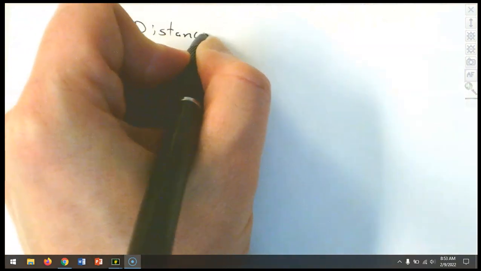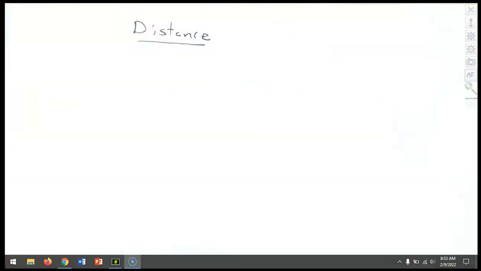And they're very similar to, and they're actually a little bit easier, I think, very similar to the mixture and the investment problems. When we talk about the distance problems, we've got three things that are involved.